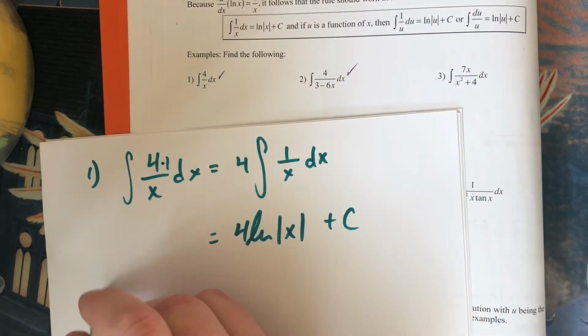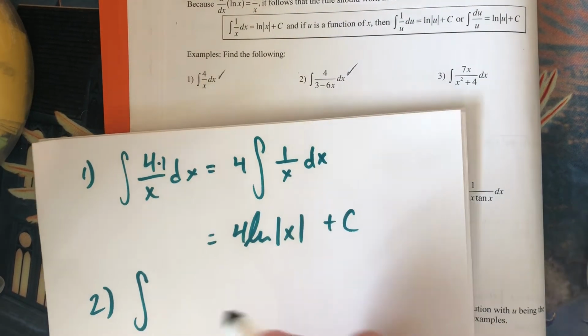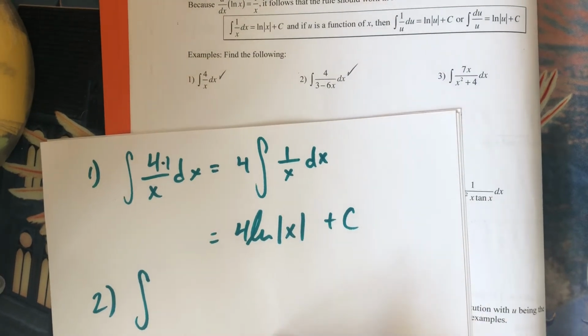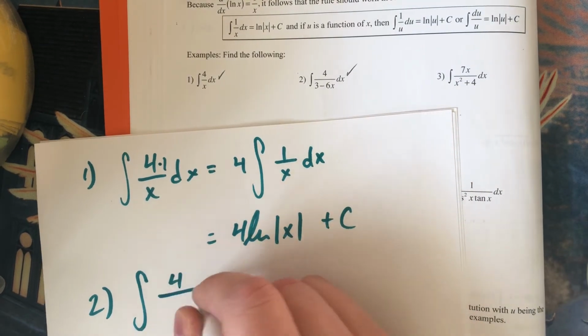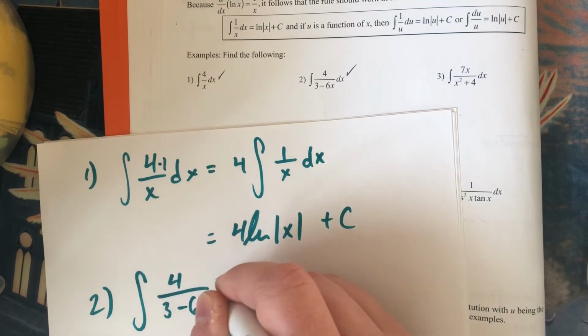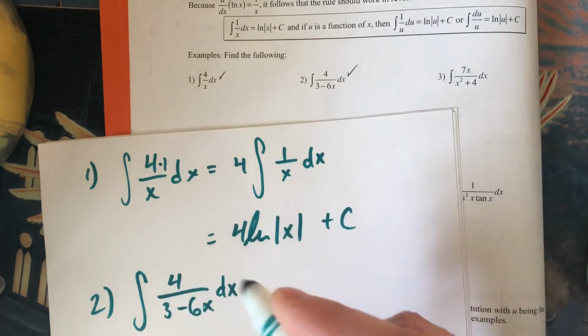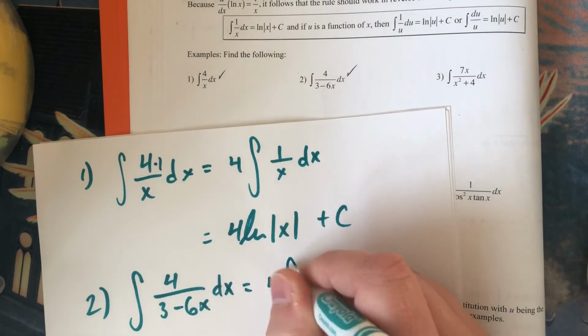Similarly, in number 2, sorry for the earthquakes, we've got 4 over 3 minus 6x dx. So I could pull the 4 out.